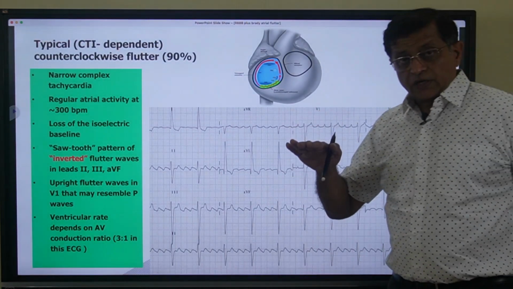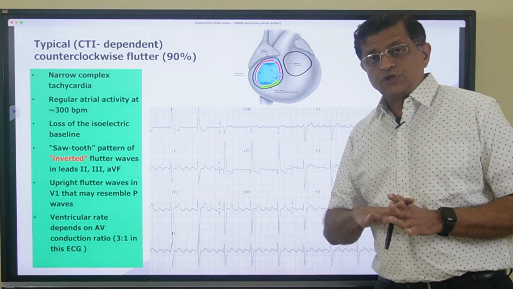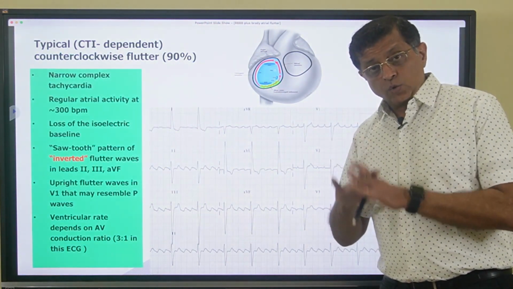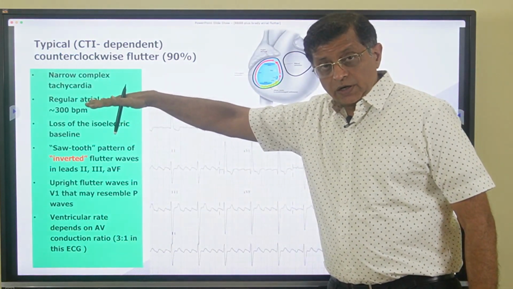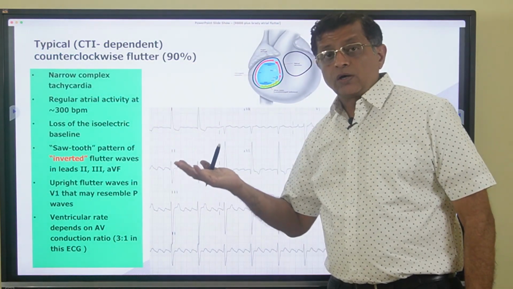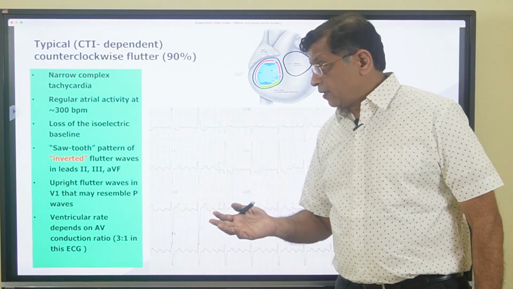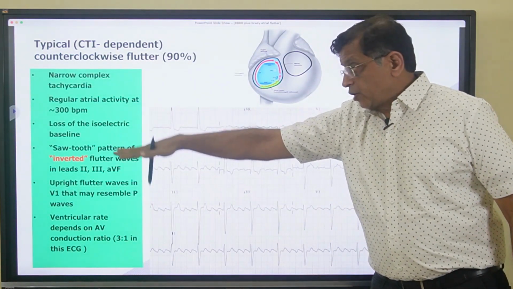So revising this again, because whenever you see ECGs of flutter, 90% of ECGs will be typical and counterclockwise flutters. So how will it look? It will be a narrow complex tachycardia unless it is associated with a bundle branch block or intraventricular conduction delay. The atrial activity will be around 300 per minute, regular.